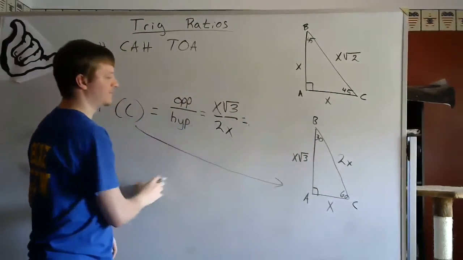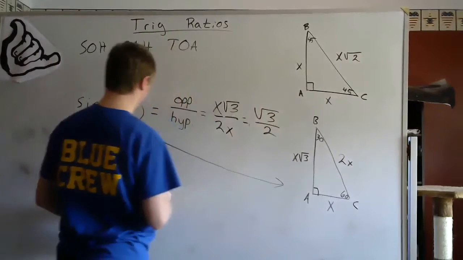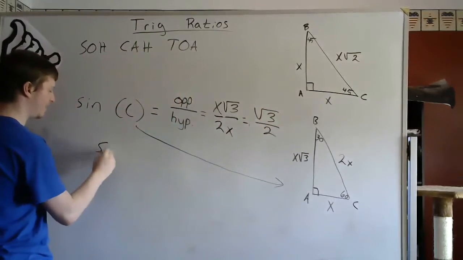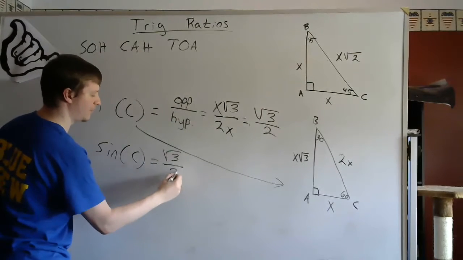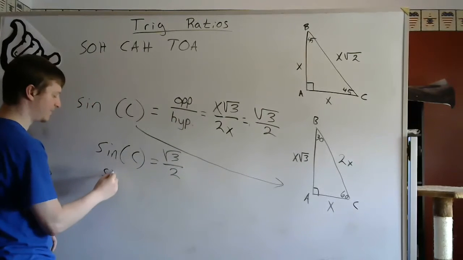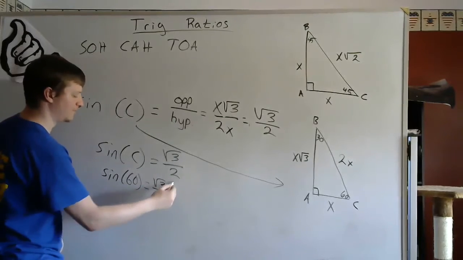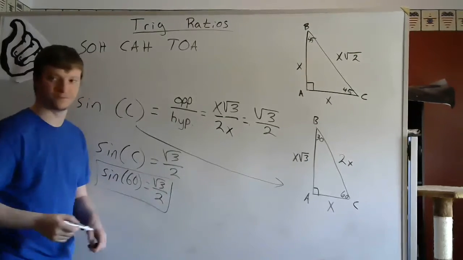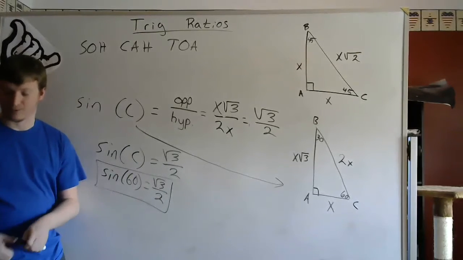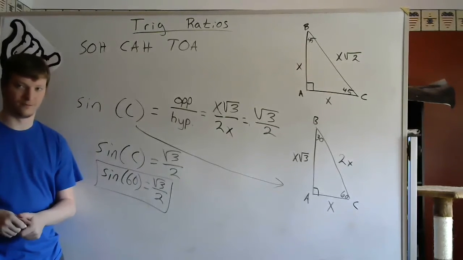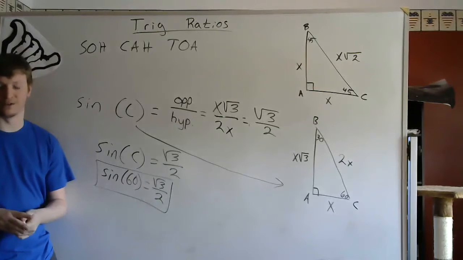Now we simplify once again. The x's are going to cancel, and I get square root of 3 over 2. So the sine of C is square root of 3 over 2, which means the sine of 60 is square root of 3 over 2. The sine of 45 was square root of 2 over 2. The sine of 60 is square root of 3 over 2.